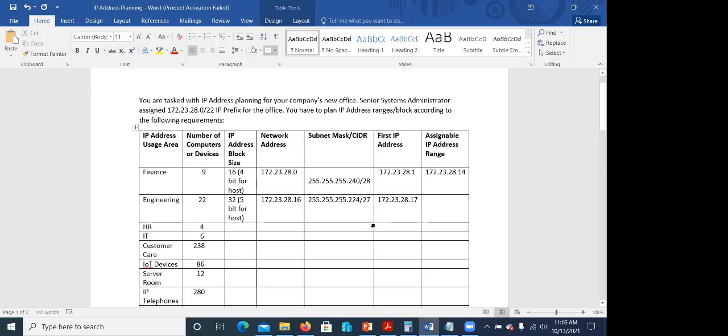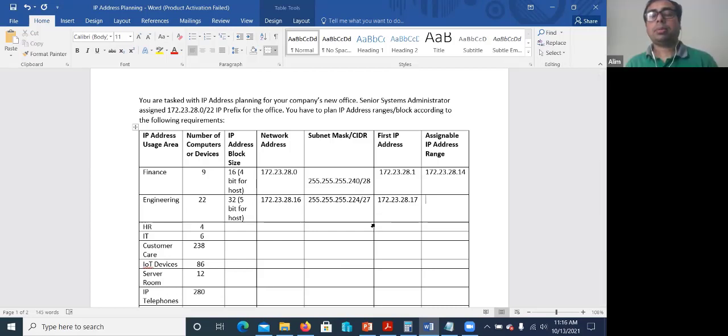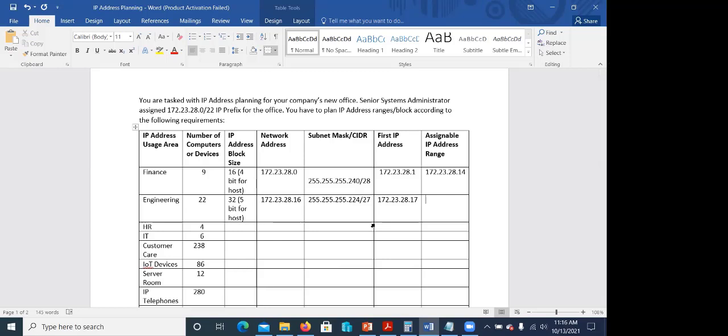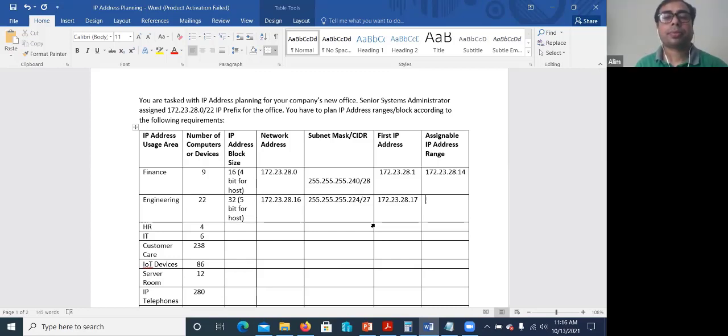IP address conflict. Why IP address conflict? Because we might not know the next subnet after we have done the first subnet. This is just we are assuming now, but if we are subnetting, we might not know the next subnet. So it should be okay, sir.